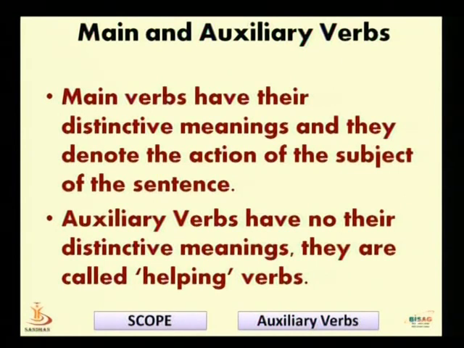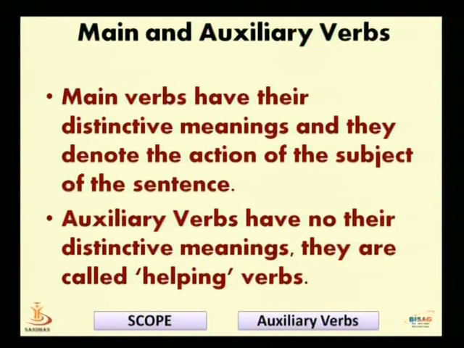So a sentence is not complete in general without a main verb. You cannot have just I and the sentence is complete. No, without further or prior reference it cannot be. So the main verb is the heart of the sentence in a way.